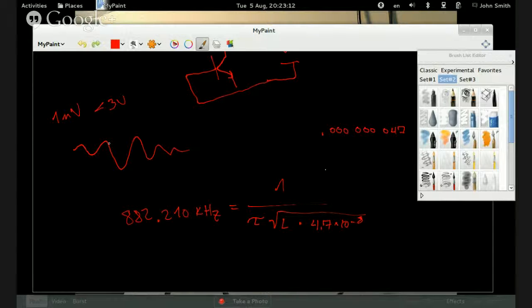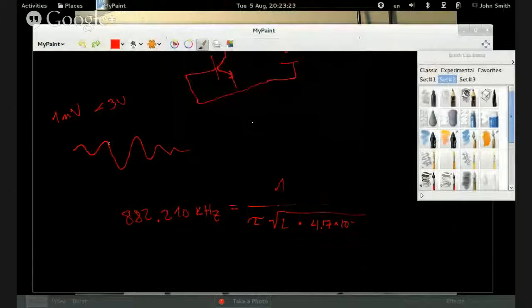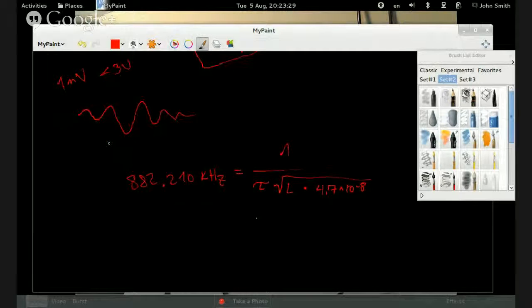Yeah, that's right. And I am too lazy to do this by hand, so I'm going to plug it in my computer algebra system.